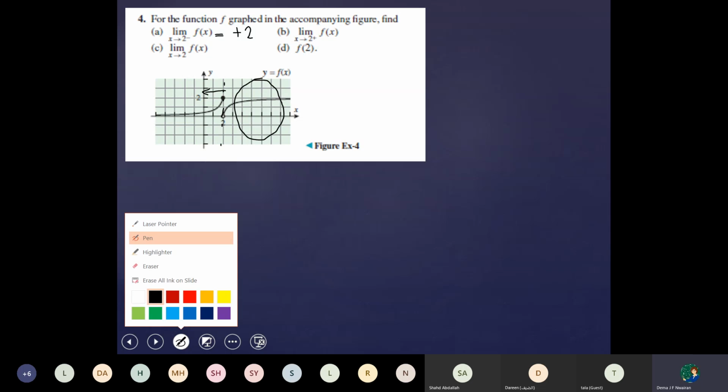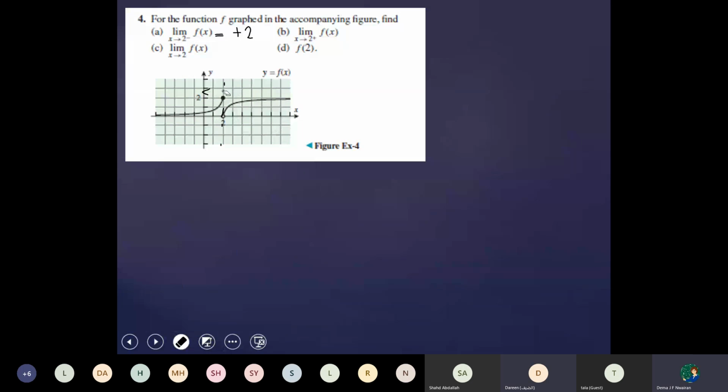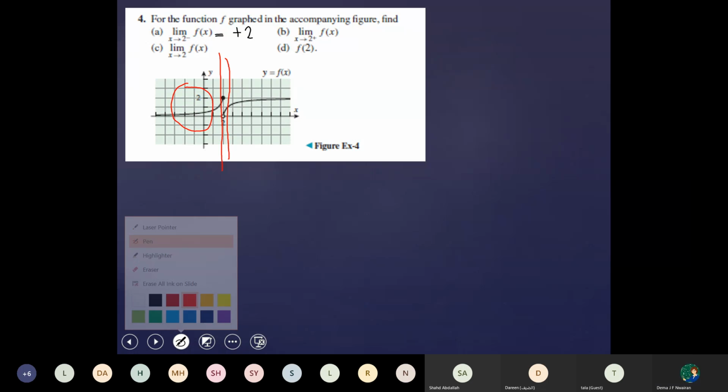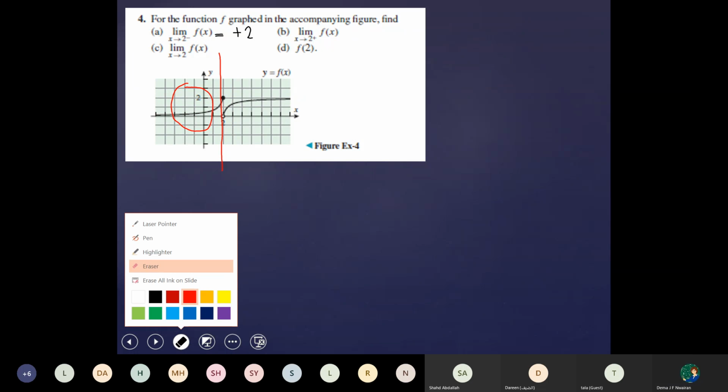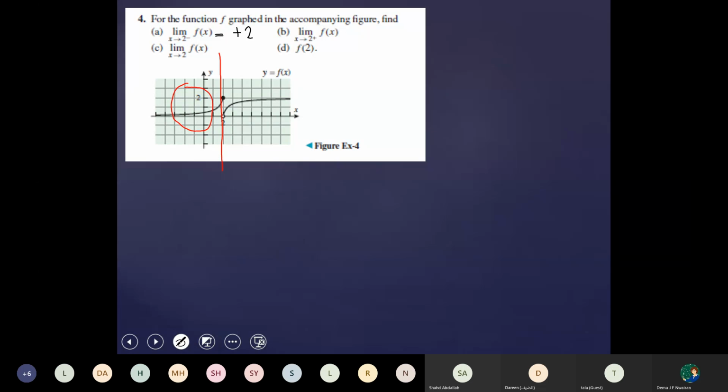Okay, now I want you to do the same, but put your hand in this side and look at the 2, but now from the right.